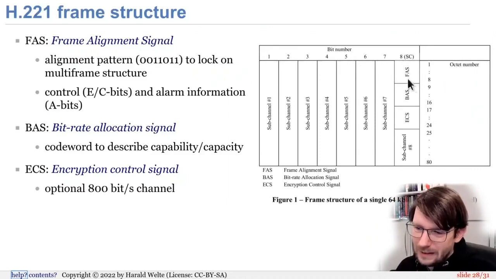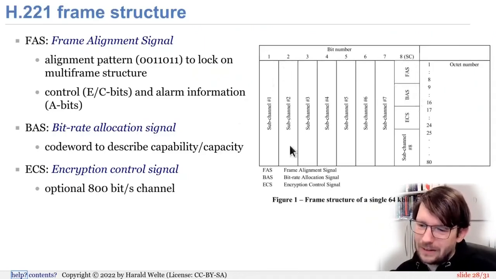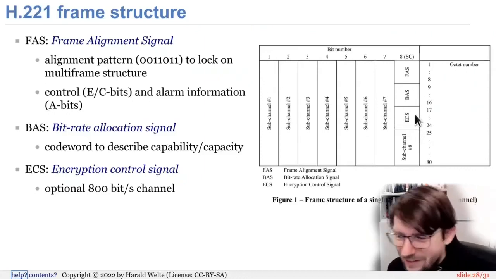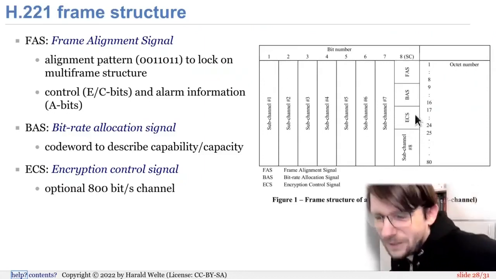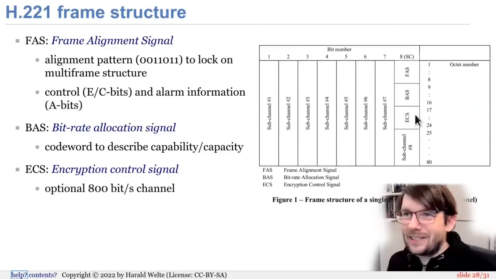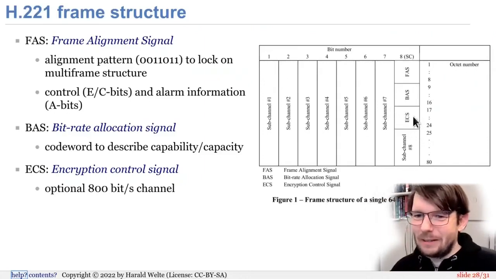Then we have the BAS, the bitrate allocation signal, which encodes sort of how these sub-channels and so on are structured. And then we have ECS, that's an optional channel for encryption control. I've never looked at how the encryption of video calls on ISDN was specified.